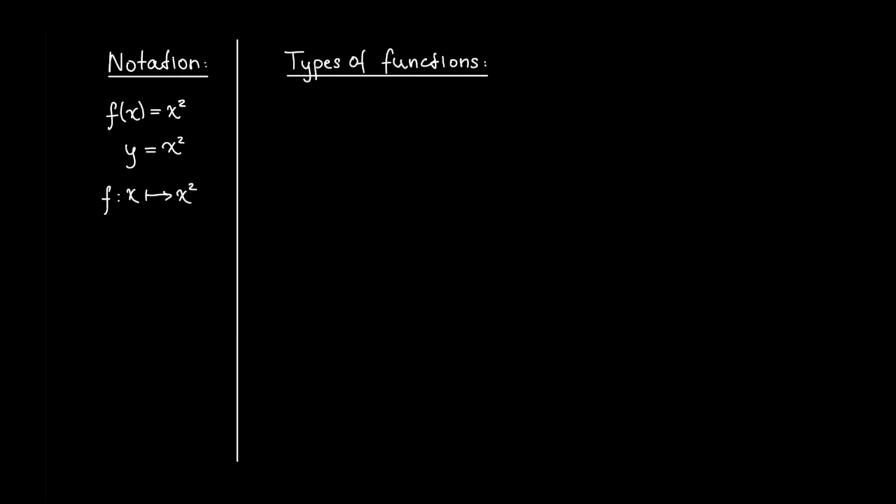Moving on, let's speak about types of functions because there are definitely several of them which we will cover in this series. Starting from the most basic one is linear functions. Linear functions are given in the form of y is equal to mx plus b.